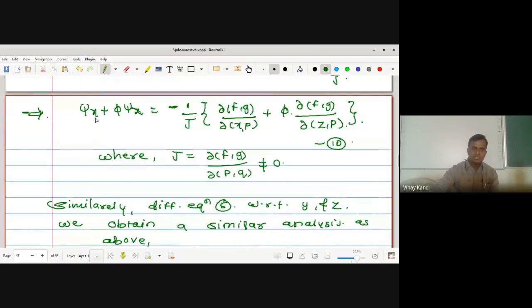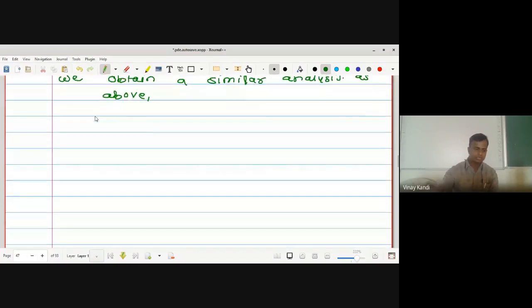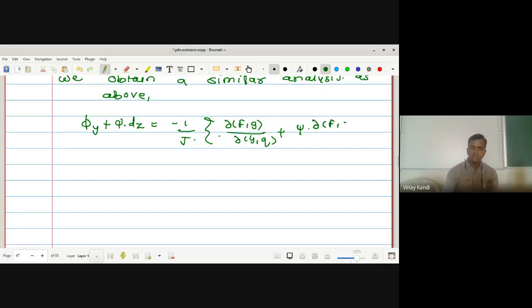Where x is there, only psi y comes in place of psi x. Instead of here we get psi phi y plus psi dz is equal to minus 1 upon j into bracket Jacobian of fg with respect to yq plus psi into Jacobian of fg with respect to zq. This is equation number 11.